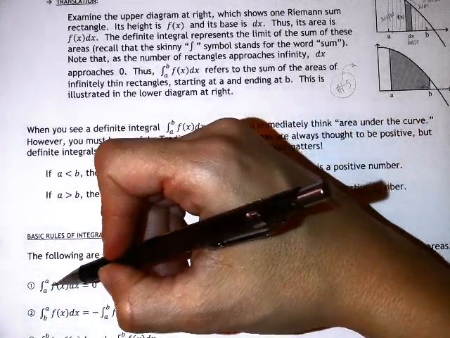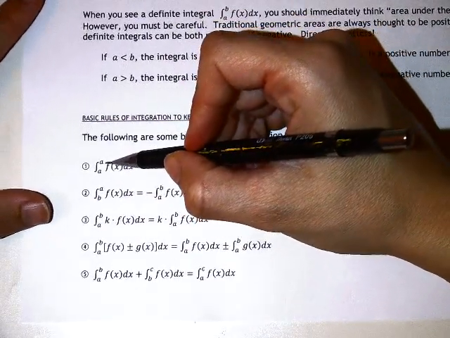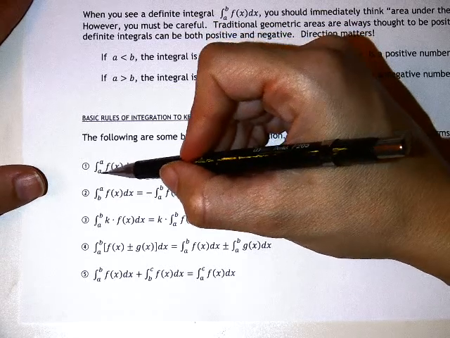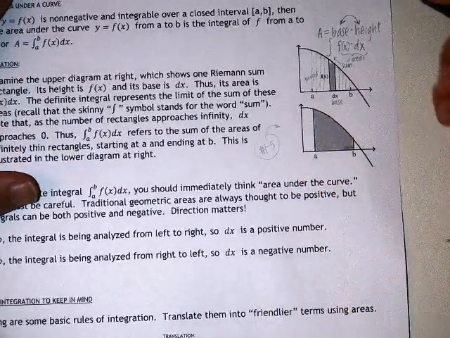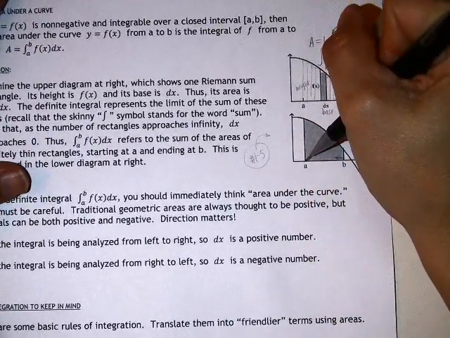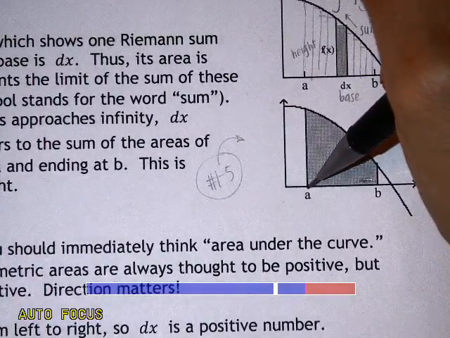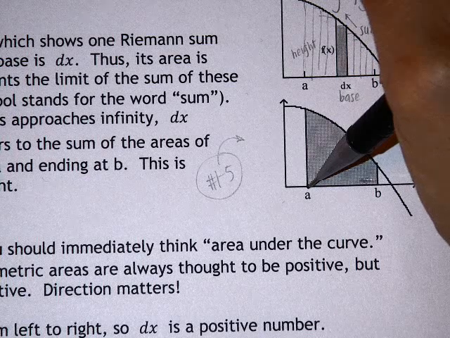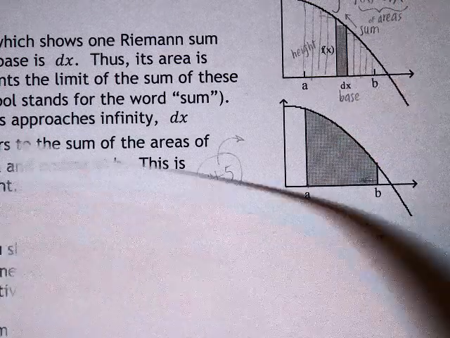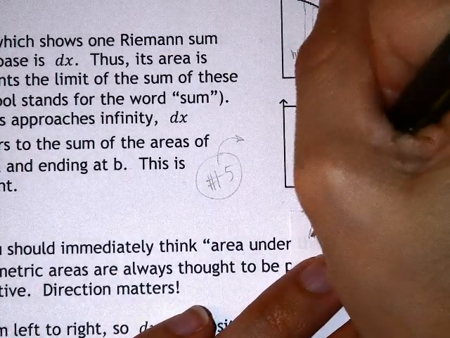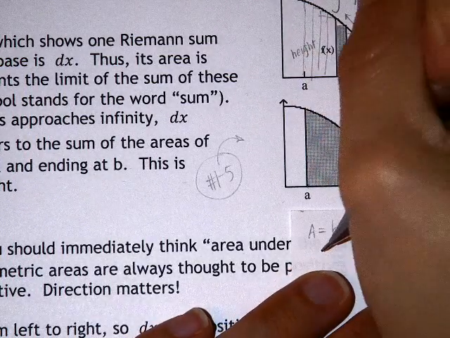The first rule, as I alluded to in the previous video, refers to the integral from a to a. Remember, I'm purposely pronouncing it that way, from a to a, as a start-stop implication. If I'm looking at a geometric shape beginning at a and ending at a, I really don't have anywhere to go. If I start at a and end at a, there's literally no base to this rectangle. In area terms, I would have a base times a height, but the base would be 0.